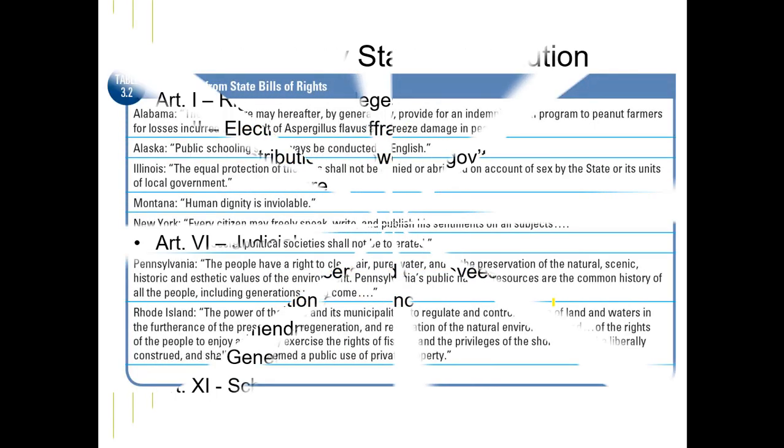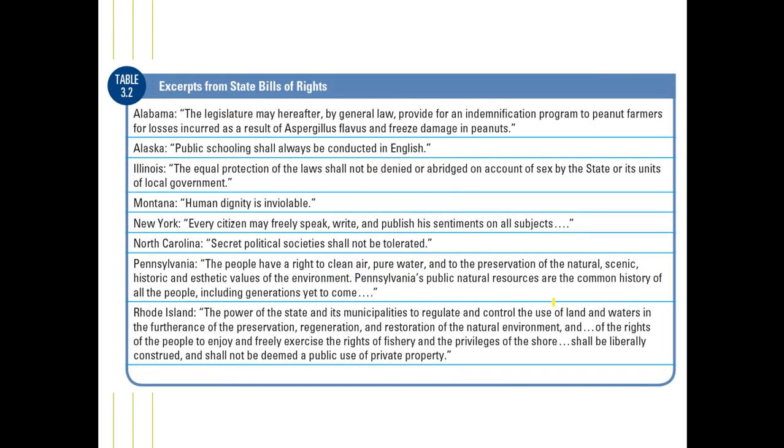And because all the states are responsible for their own constitutions, we can see quite a bit of variation, and we see that this is just a sampling from the book that shows just some of the interesting excerpts that could come out of their own state Bill of Rights there. There's a sentence from the Montana one.